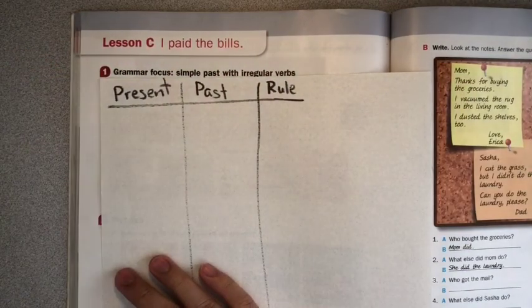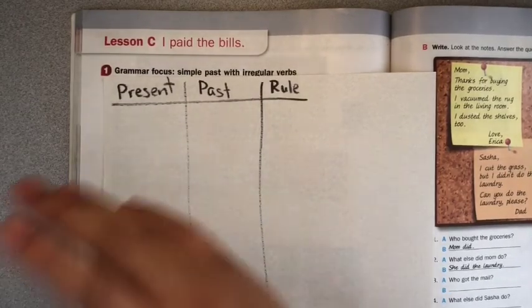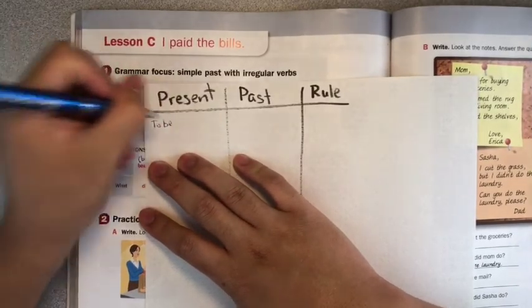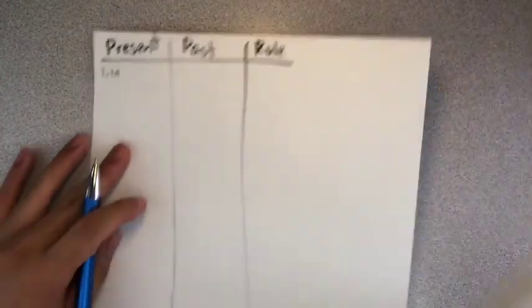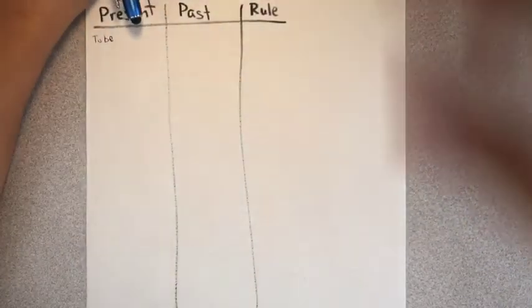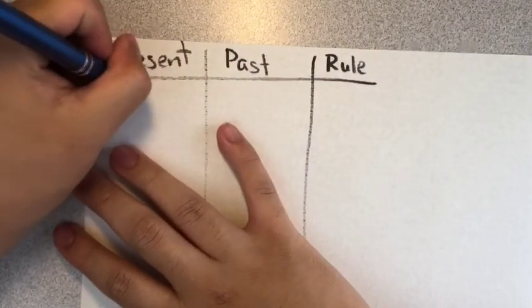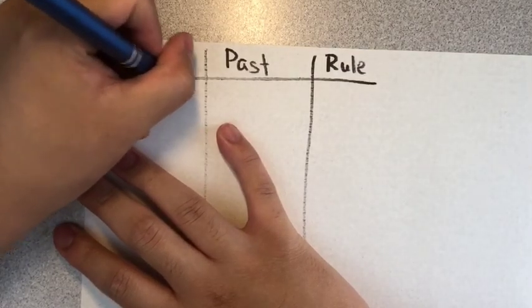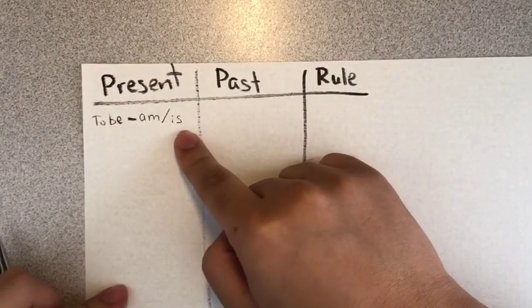So the first verb we learned is to be. In to be, we learned am and is. I am, he is, she is, it is.